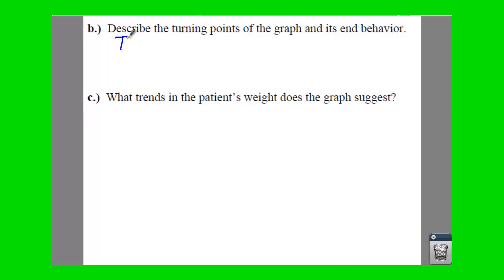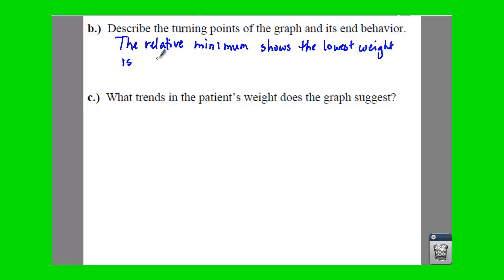So what we need to describe in terms of this problem is the relative minimum shows the lowest weight is 106.8.